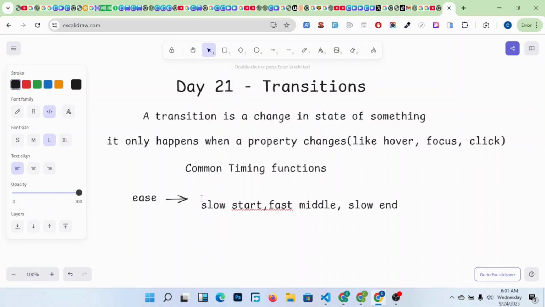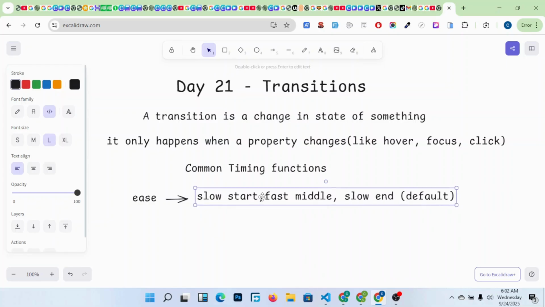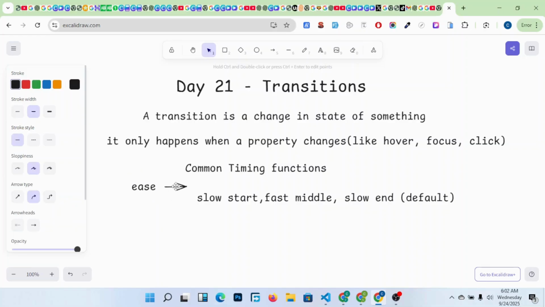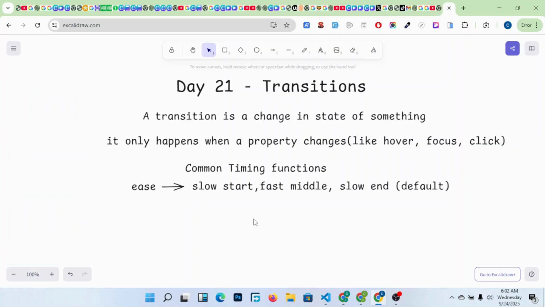And by default, this one always happens. So it's a slow start, fast middle, and slow end. Okay, this is what ease means. Get to know these common timing functions because I will use them often.